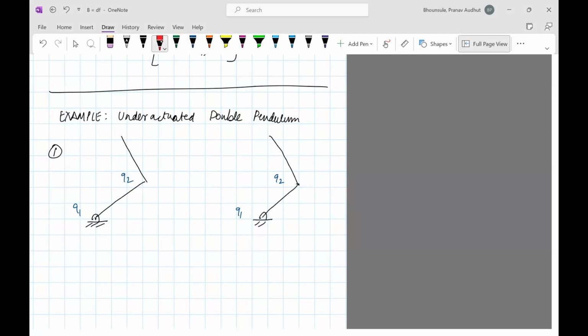Normally, what we've seen so far in this course, when you did inverse kinematics, dynamics, Cartesian control, and so on, we put 2 torques at the 2 joints. So that system is called fully actuated. You have n degrees of freedom, here 2, and 2 actuators, and so you can completely control those 2 degrees of freedom.